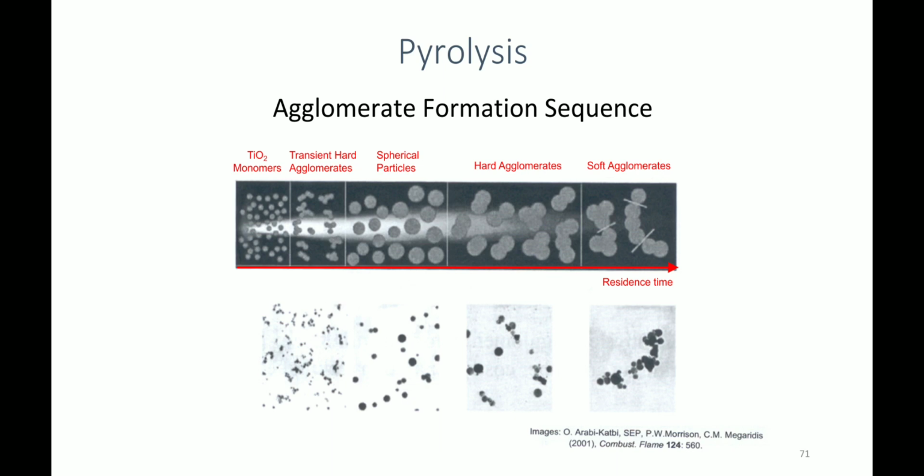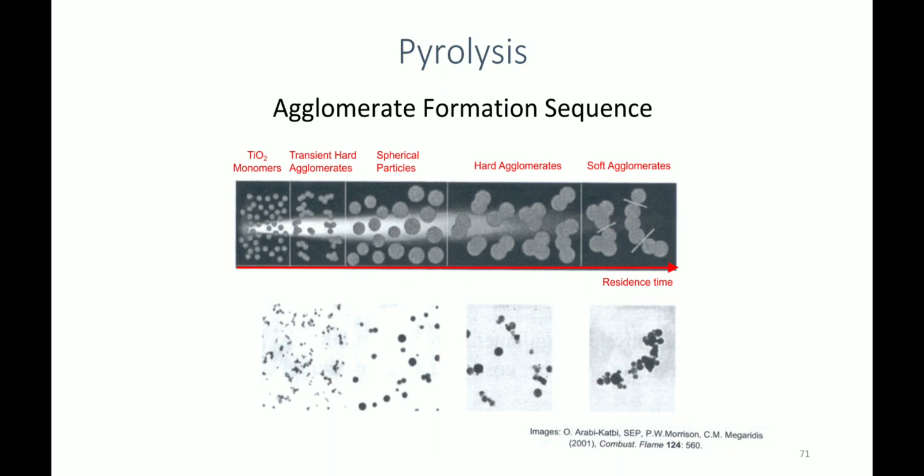by some mechanical force. But soft agglomerates means, because they have come out of the flame, they do not get enough temperature, so they just stick to each other and softly agglomerate. If you do an ultrasonication process, by giving vibrational energy, they will get separated out.